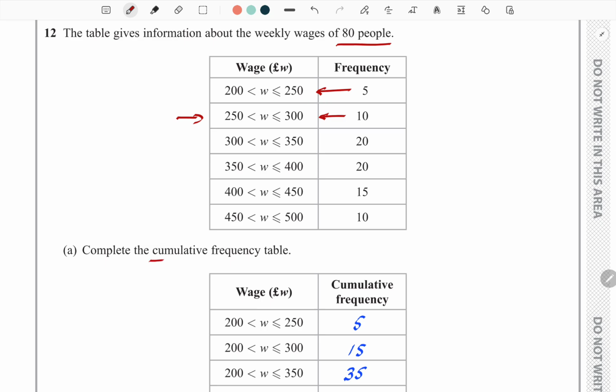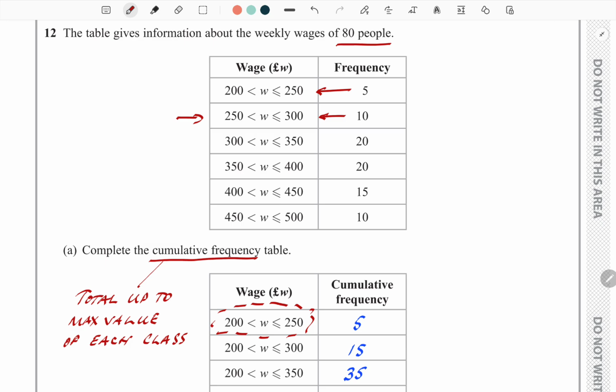What they want is a cumulative frequency. Cumulative means total up to the end of the bracket that you want, up to the max value of each class. And these are your classes. So the first one is 200 to 250. So there are 5 people earning up to 250.